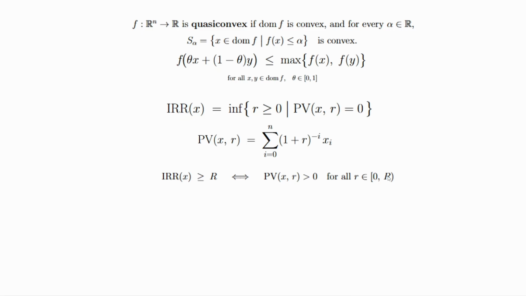So the r superlevel set of IRR is exactly the intersection of open half spaces. Each one is convex, and of course the intersection of convex sets is convex, so that means that every superlevel set is convex. The internal rate of return is quasi-convex.